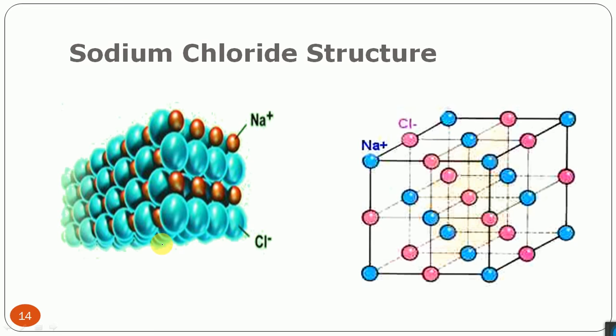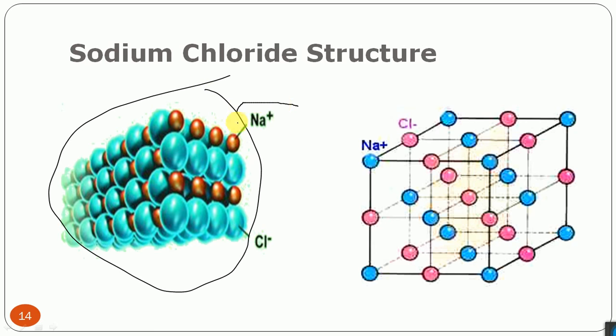So let's have an example of a crystal structure. It is the sodium chloride crystal structure. It is made up of the bases Na positive and Cl negative. Look at this. Here, these pink balls represent Cl negative, and these blue balls represent Na positive ions.